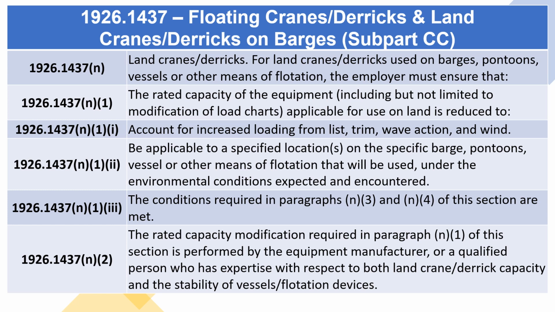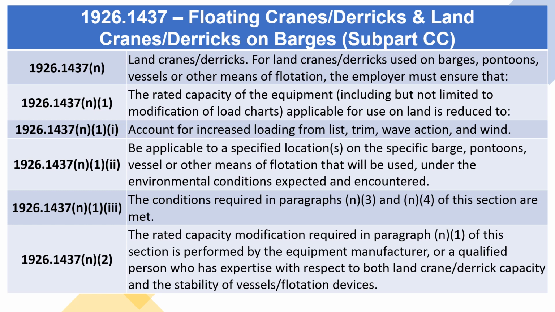Be applicable to specified locations on the specific barge, pontoons, vessel, or other means of flotation that will be used, under the environmental conditions expected and encountered. The conditions required in paragraphs (N)(3) and (N)(4) of this section are met.